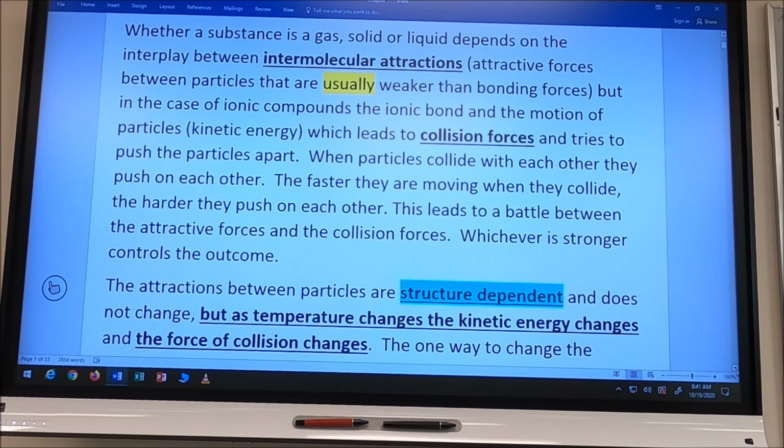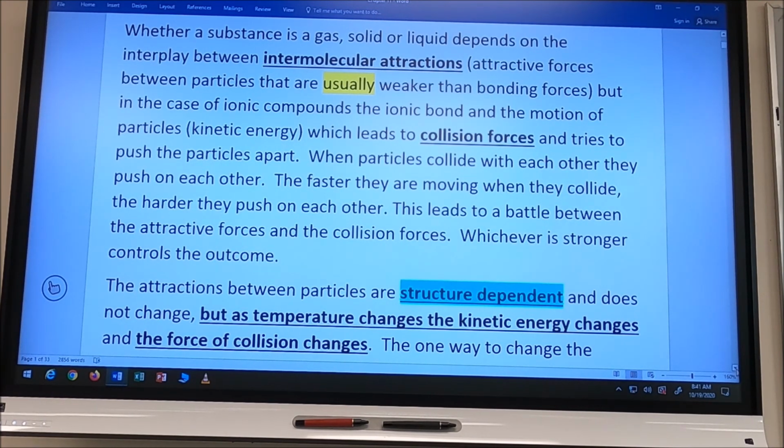With ionic compounds, whether they're a solid, liquid, and gas depends on the strength of the intramolecular forces. Okay? And the collision forces due to the motion of the particles, be that translational motion or vibrational motion, which tries to push the particles apart.